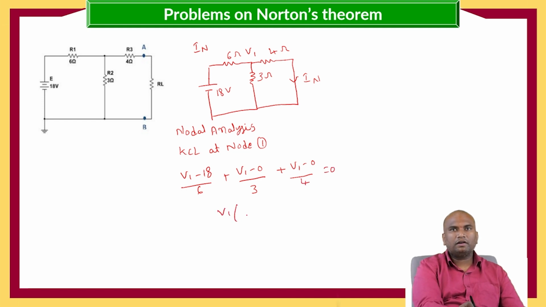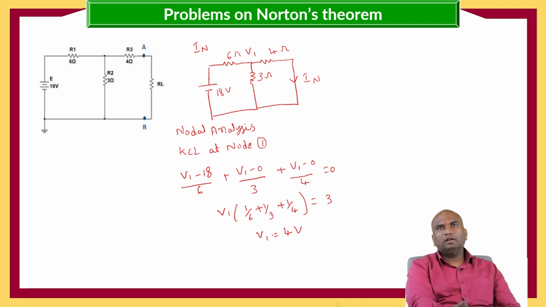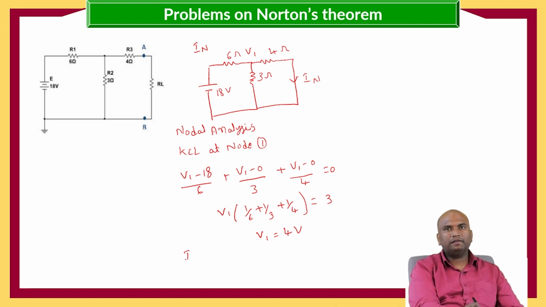If we take V1 common, 1 by 6 plus 1 by 3 plus 1 by 4, which is equals to 3. So V1 value is equals to 4 volts. Now the V1 value we got is 4 volts. IN is equals to V1 by 4, which is equals to 1 ampere.